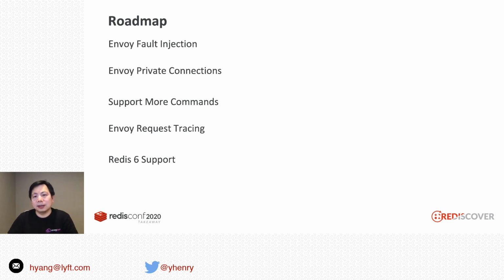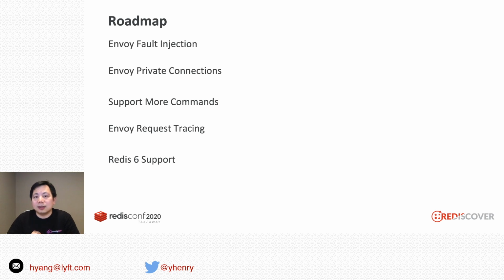The next thing is also what we talked about earlier, having support for private connections. This is not limited to transactions, but also for blocking calls and for pub/sub, where we need private connections.